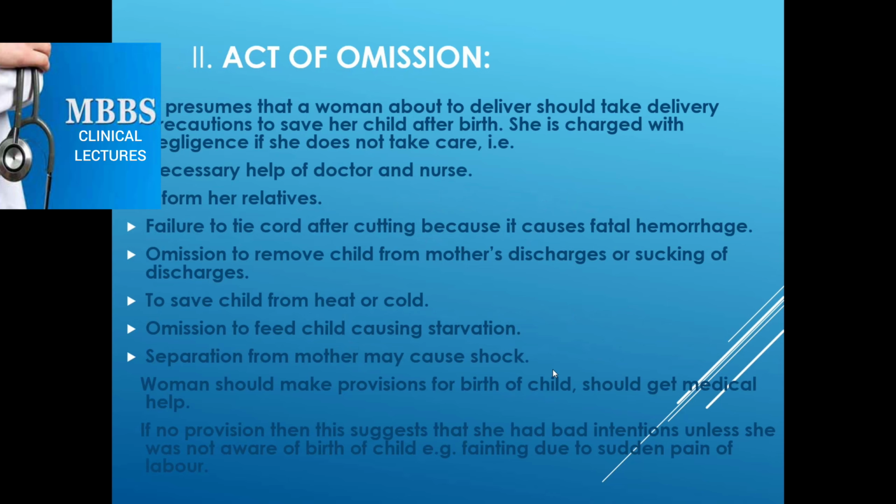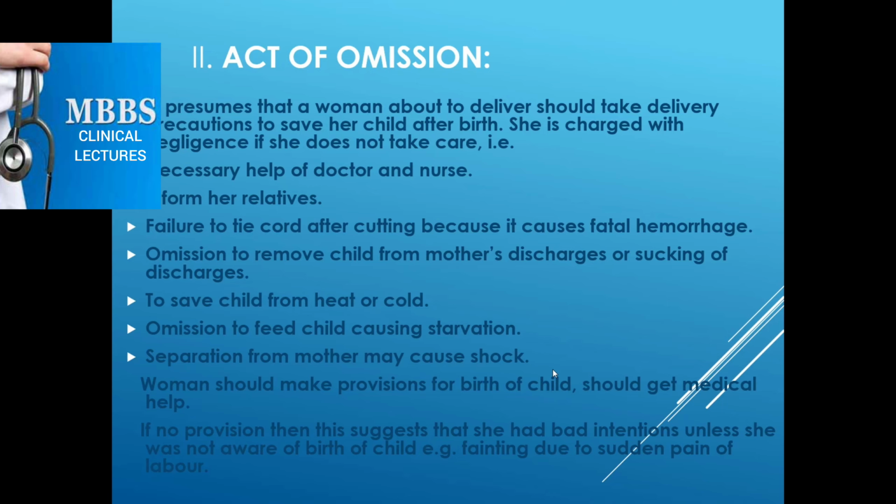Then the act of omission. Act of omission means negligence. The law presumes that a woman about to deliver should take delivery precautions to save her child after birth. She is charged with negligence if she does not take care: arranging the necessary help of a doctor and nurse, informing her relatives to take care of her and her baby, and failing to tie the cord after cutting, because it causes fatal hemorrhage.